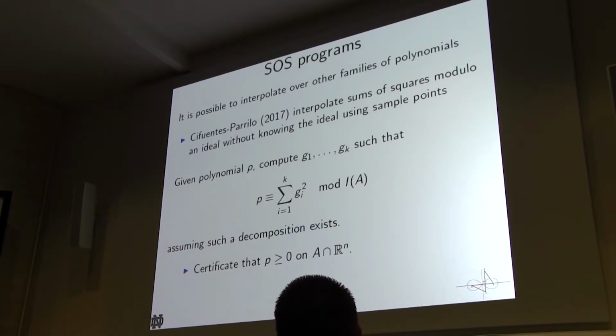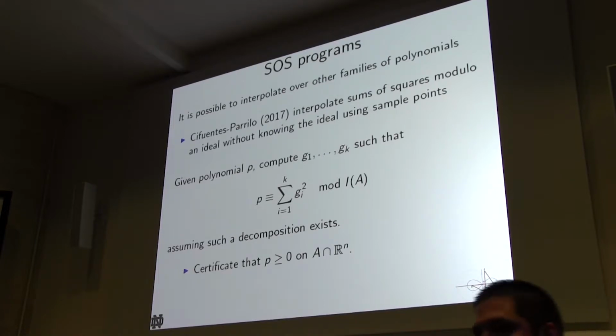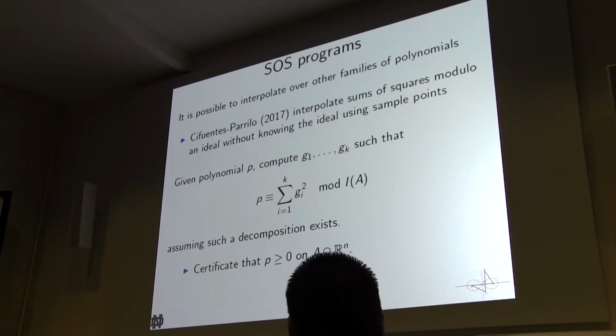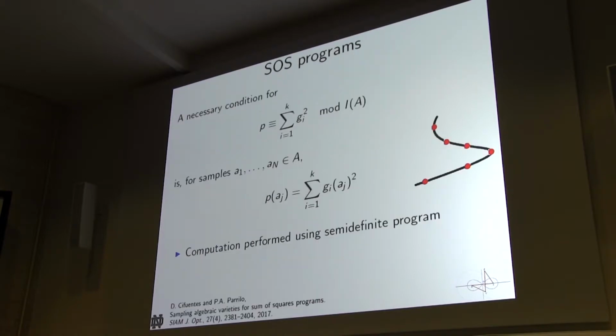Yeah. Okay, the reason they wanted to do this was they wanted to have a certificate of non-negativity over the real sets of some variety. So if you can write P as a sum of squares modulo the ideal, sum of squares are always non-negative, and so you have a certificate of non-negativity. Okay, so what they do is they replace the original problem with a necessary condition.